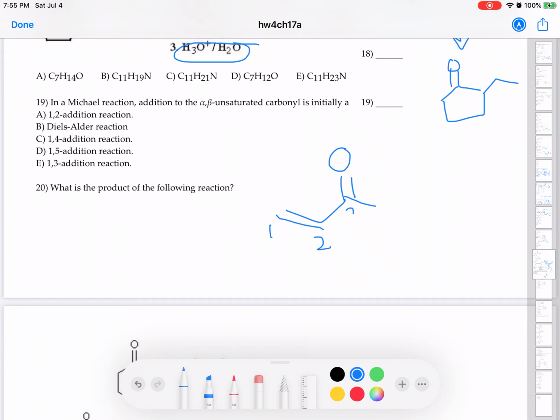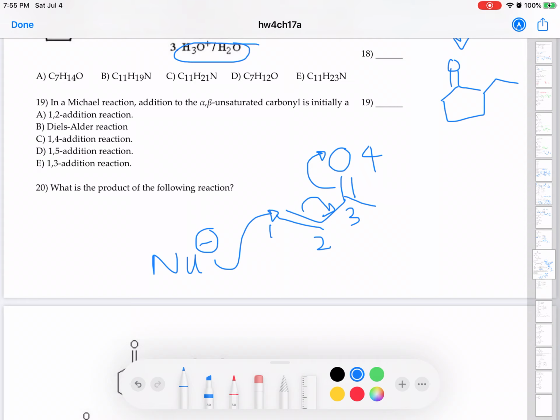One, two, three, four. It's a 1,4 addition. It's a Michael addition. So the nucleophile adds like that. So it is a 1,4 addition.